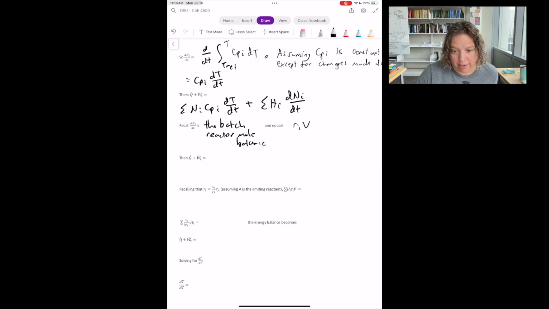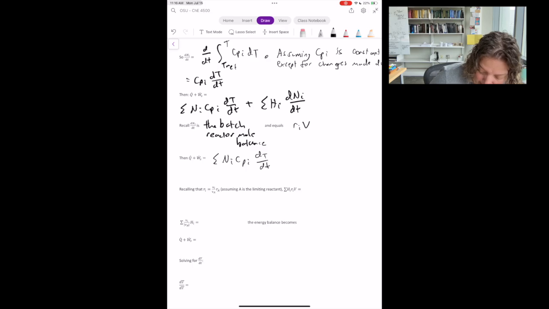Then we can simplify even further. Our energy balance is going to be sum Ni CPi dT/dt plus sum Hi Ri V.